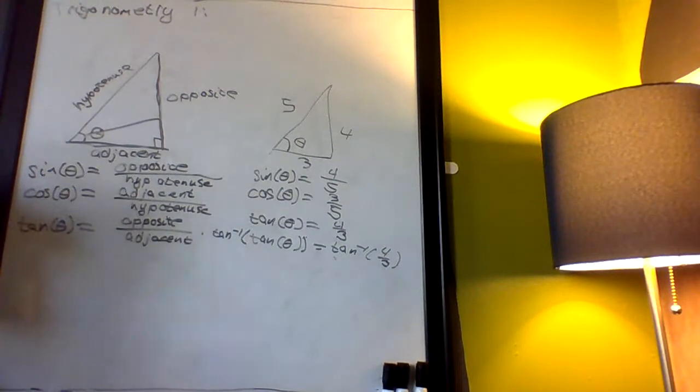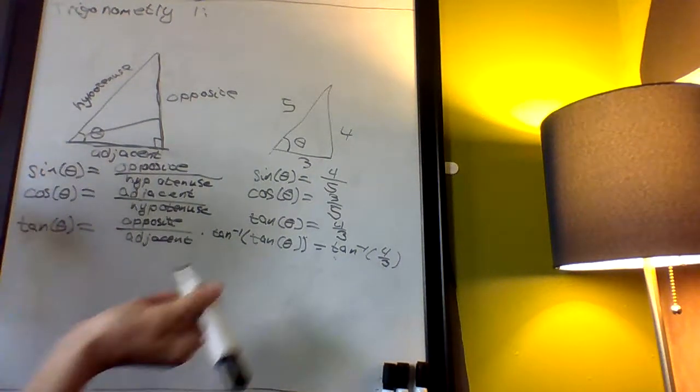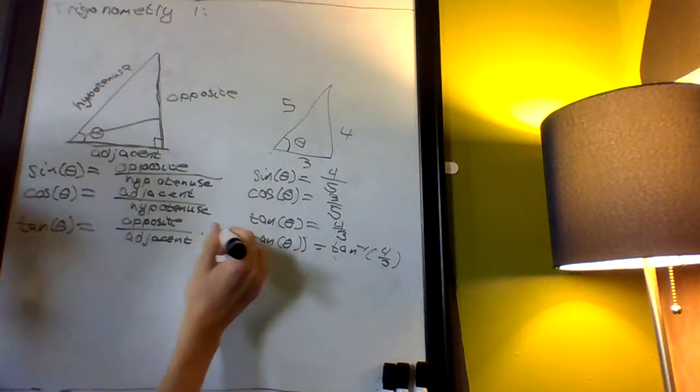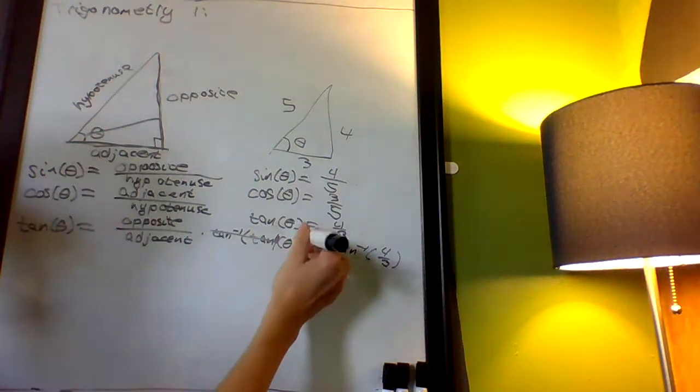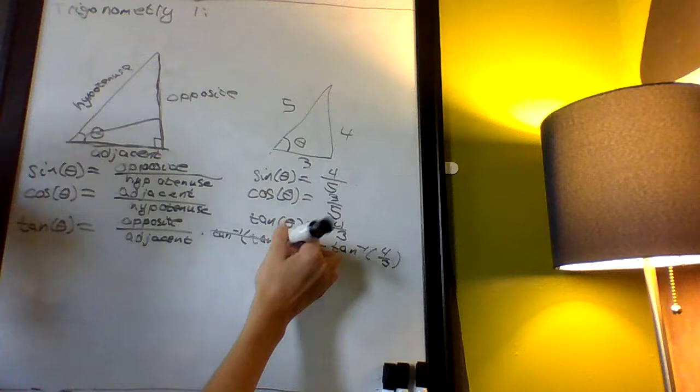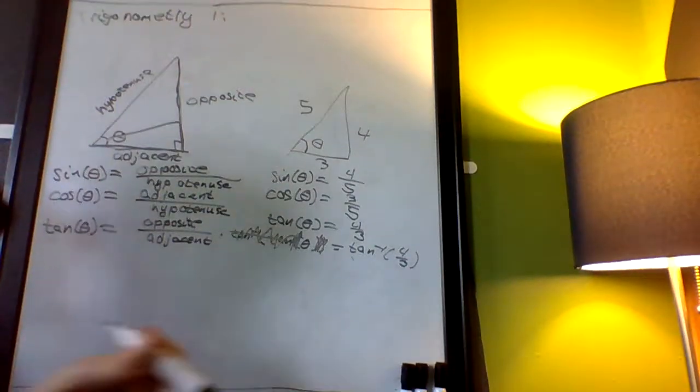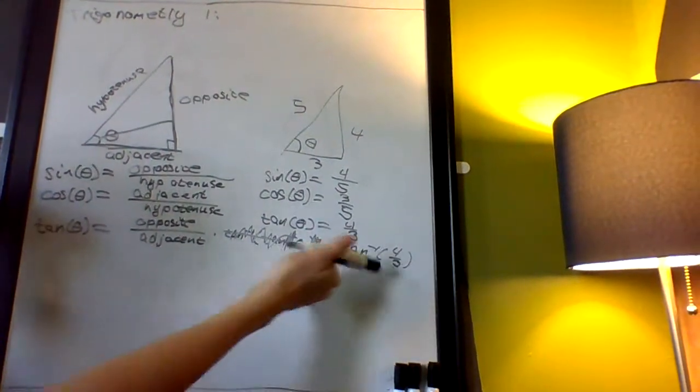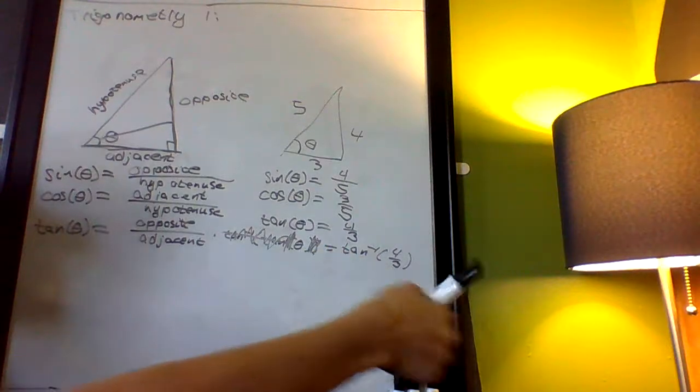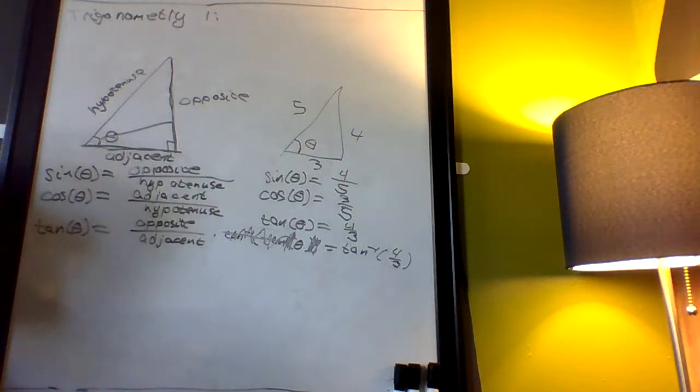So now these cancel each other out. They just give me my theta. Theta is the tangent inverse of 4 on 3. Well, you need a calculator to do this, okay?